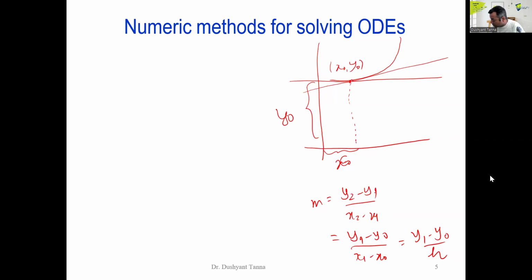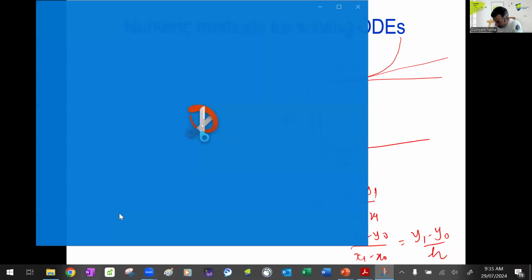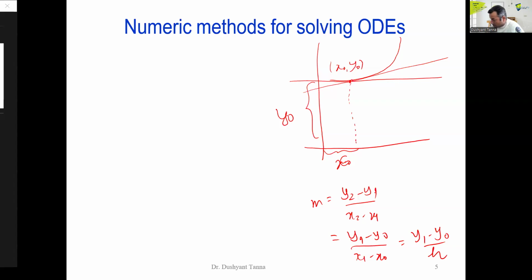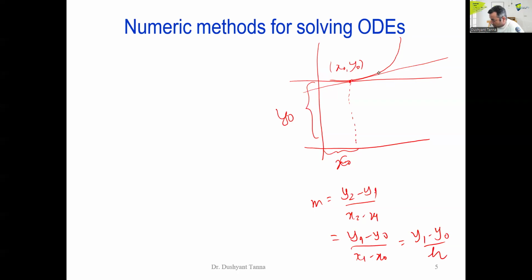Right. So it's y1 minus y0. Can we also, if I say this angle is theta, can we also say this point is theta?